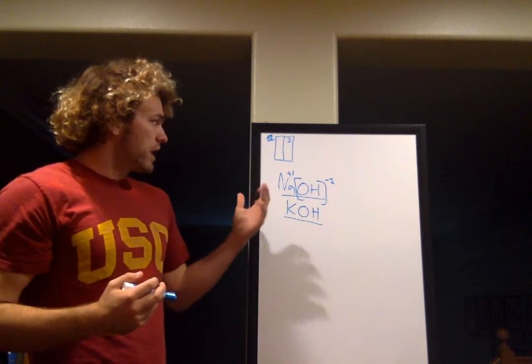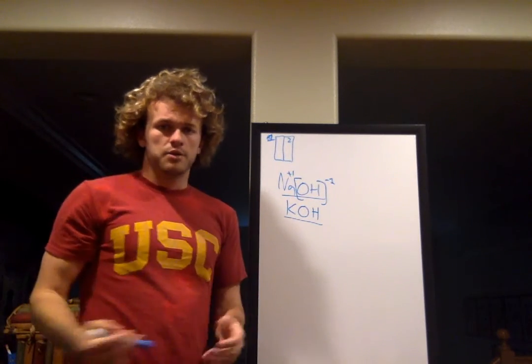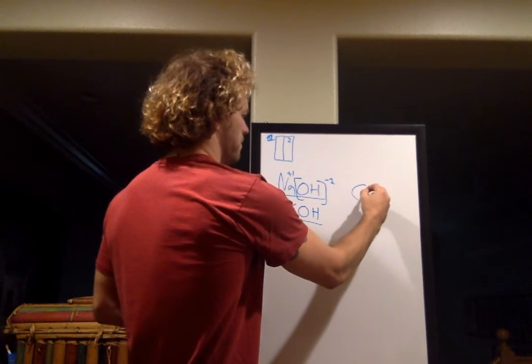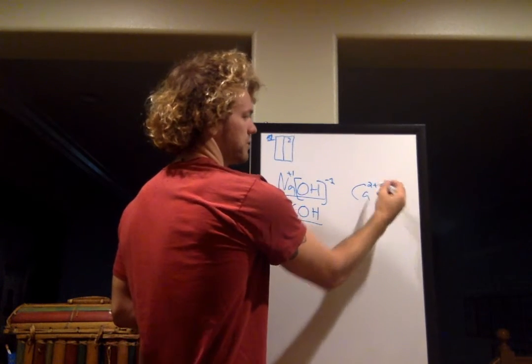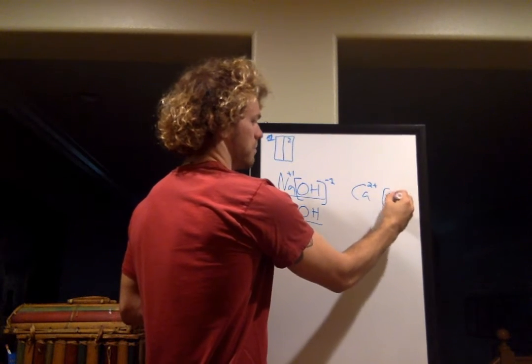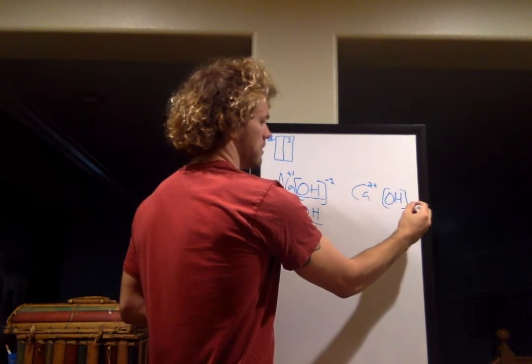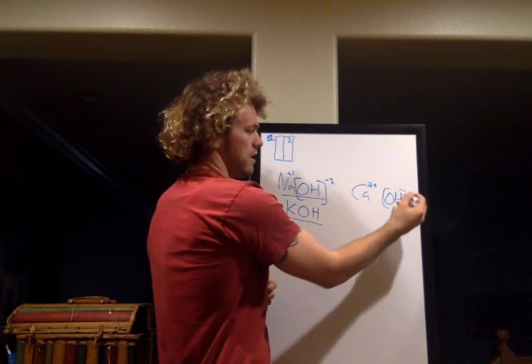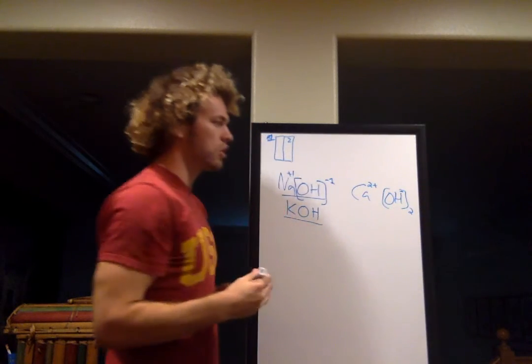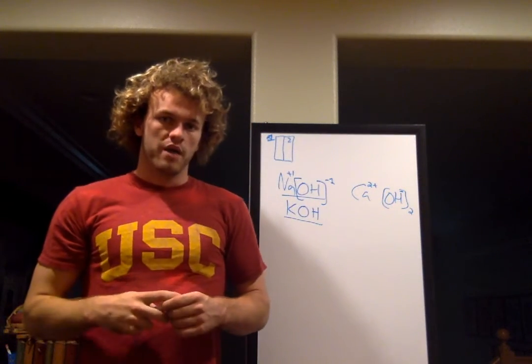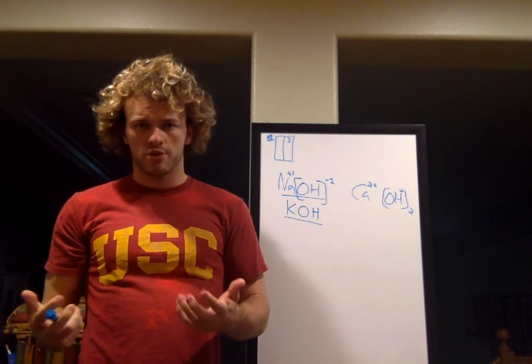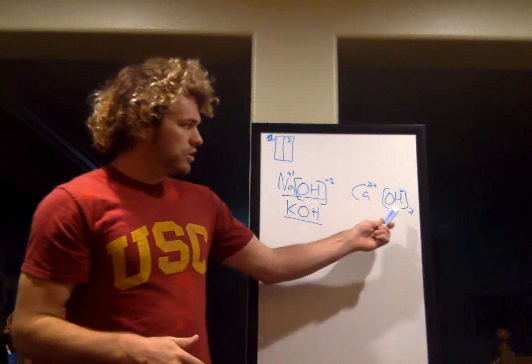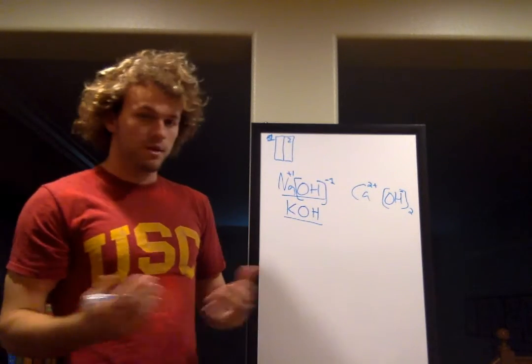And then if we look at group 2, we're looking at something like calcium. So calcium is bivalent, right? It has a 2+ charge. Thus, there's going to be 2 hydroxides, right? There's going to be a subscript of 2, and if each hydroxide is a -1 charge, and we have 2 of them, we have an overall charge of -2 for the hydroxides, and then a +2 for calcium.